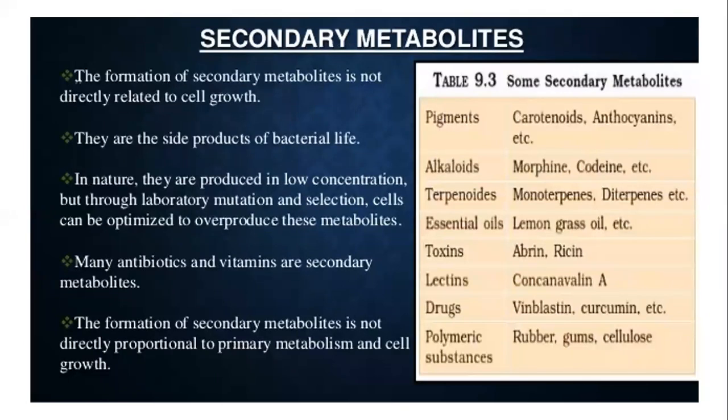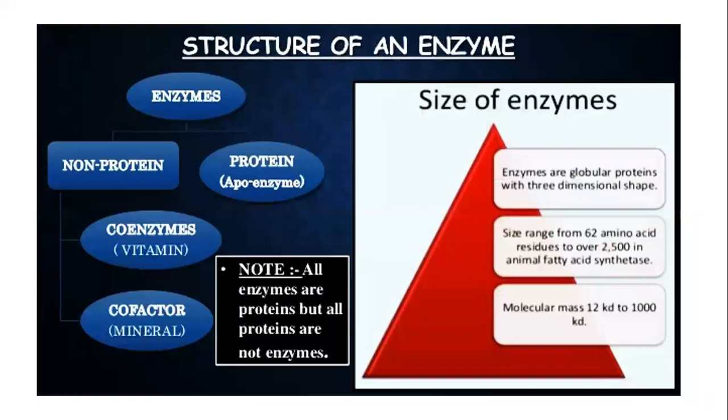Those are all examples of secondary metabolites. So in this enzyme technology, we will study how the primary and secondary metabolites are produced by the action of enzymes using some cells or microbes in the industry.